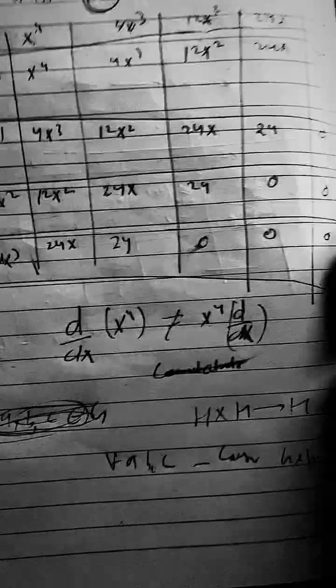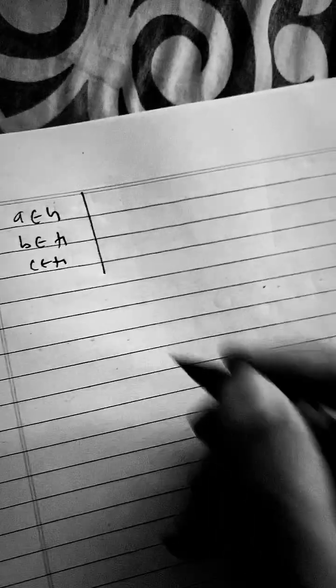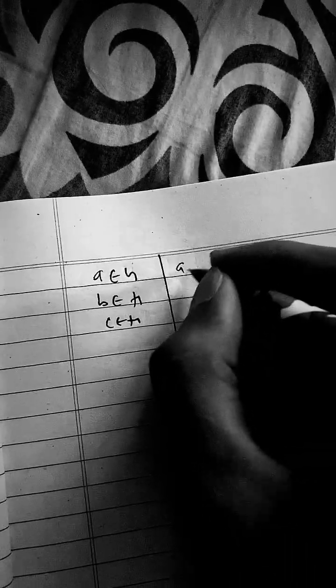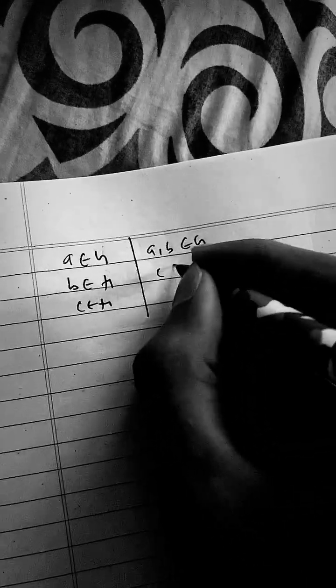So we have three ways. Either first A belongs to G, B belongs to H, C belongs to H. This is the first way. Or A, B belongs to G and C belongs to H, right? We have two ways to do this.